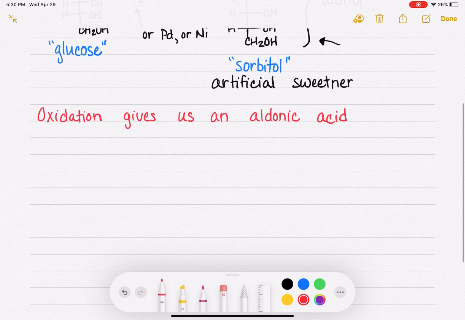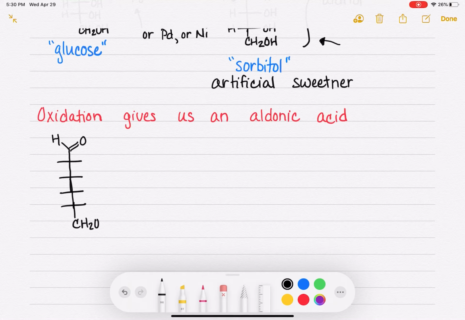And we are going to use glucose again as our example for the oxidation. So let's redraw glucose. The OH groups in glucose are right, left, right, right.